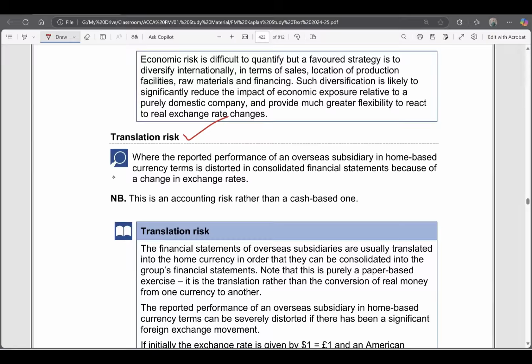Once in a year or whenever you are going to prepare financial statement, maybe quarterly. Listed companies have to prepare financial statement on a quarterly basis. So whenever you're going to prepare your financial statement, and if the exchange rate moves to the adverse side, it might affect your overall profits.